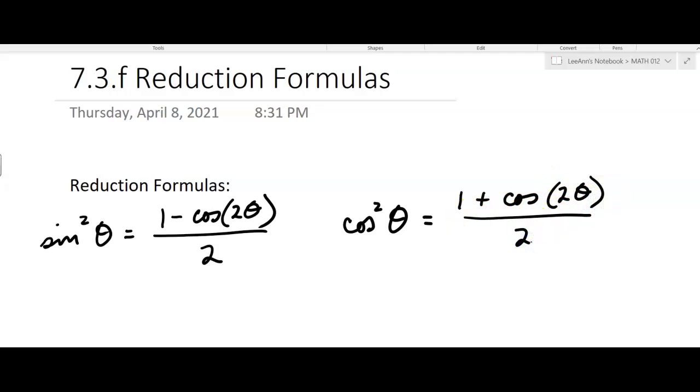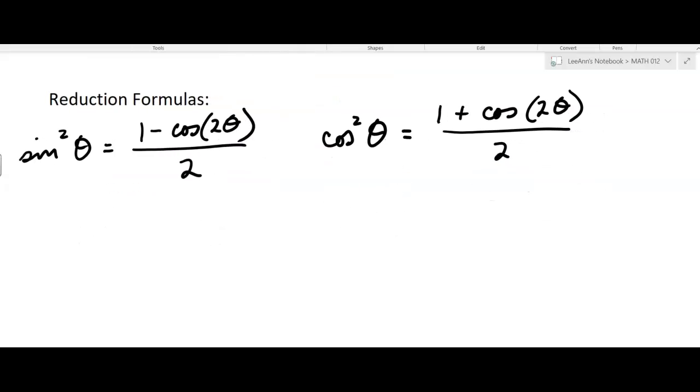And then if you think about tangent squared being sine squared over cosine squared, so tangent squared theta, you could write those. I'll write it for you. It'd be sine squared theta over cosine squared theta.